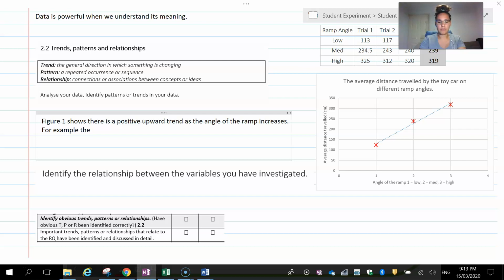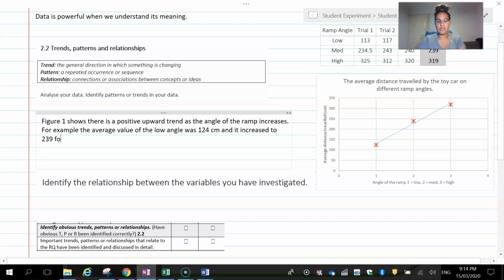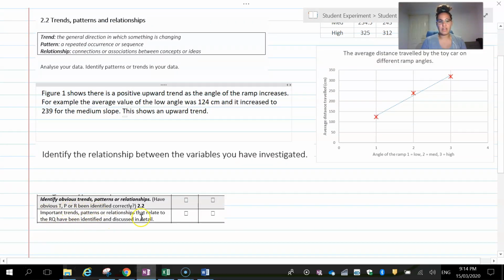The average value of the low angle was 124 centimeters, and it increased, do some quick math, to 239 for the medium slope. This shows an upward trend.